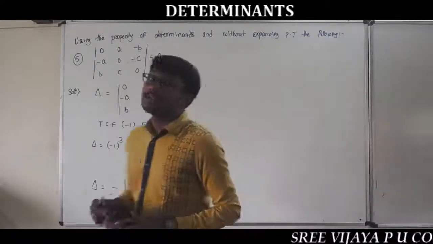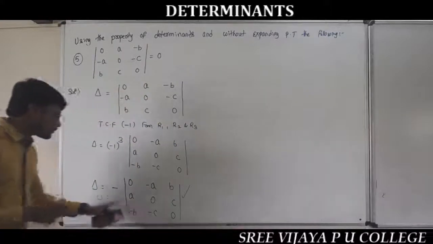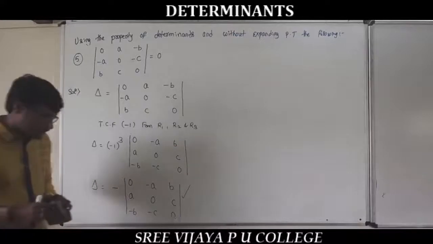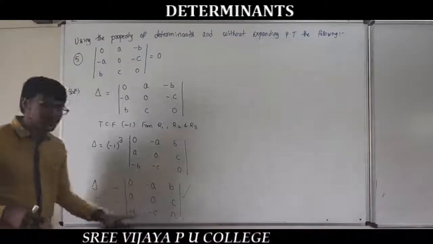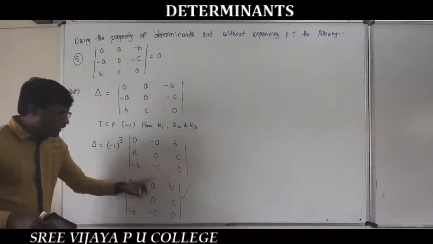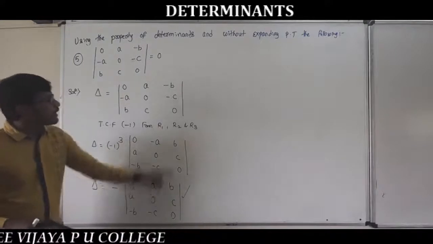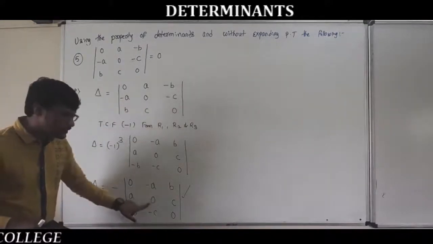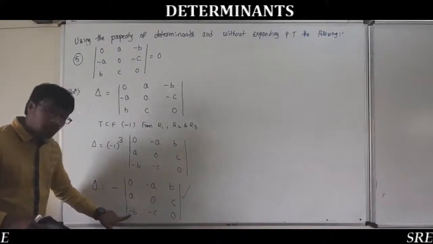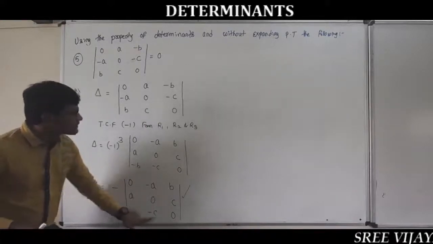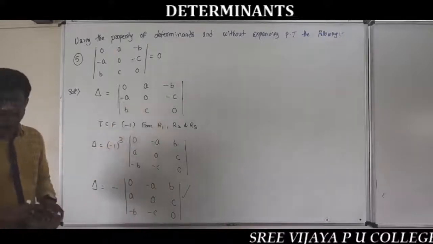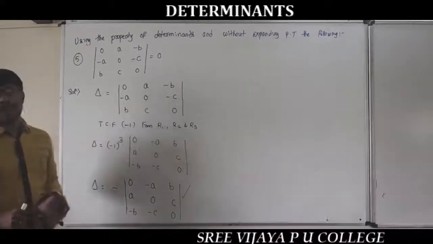So if I multiply by minus, what will we get? 0, minus a becomes plus a, and minus b; next, minus a, 0, minus c; minus into minus gives plus b, plus c, 0. So this and this become the same if you multiply by the minus.